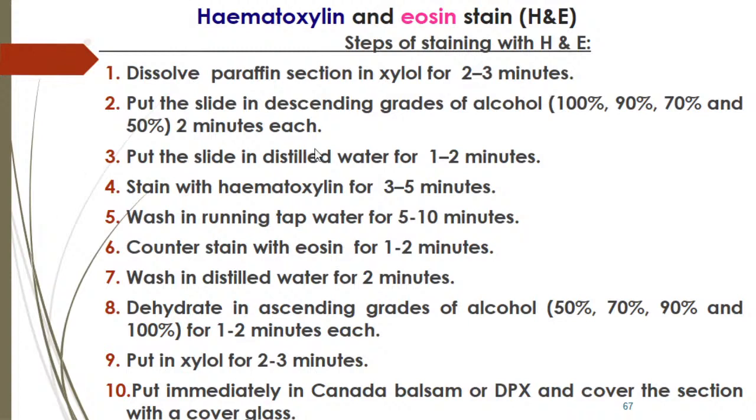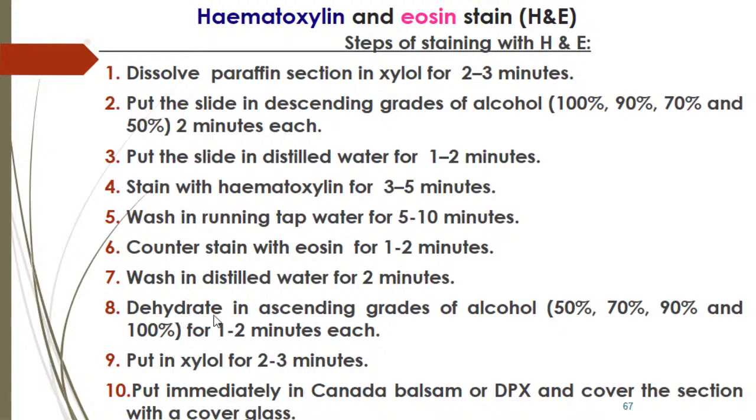Put the slide in descending grades of alcohol, 100, 70 and 50, 2 minutes each. Put the slide in distilled water for 1-2 minutes. Stain with hematoxylin for 3-5 minutes. Wash in running tap water for 5-10 minutes. Counterstain with eosin for 1-2 minutes. Wash in distilled water for 2 minutes.